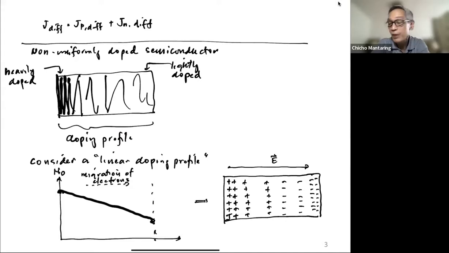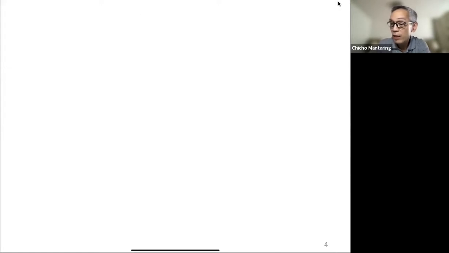That's right. So because of this electric field, you're now going to have electrons drifting left. So you have electrons diffusing right.